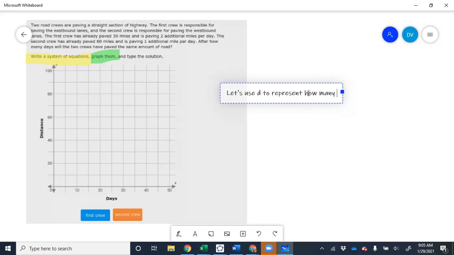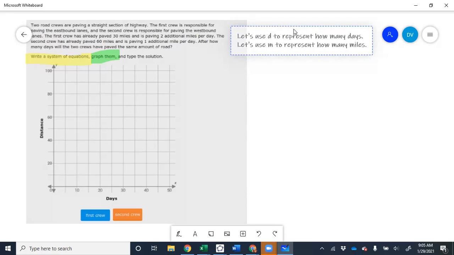How many days? And also let's use M to represent how many miles. Okay, keep that up there so we'll remember.